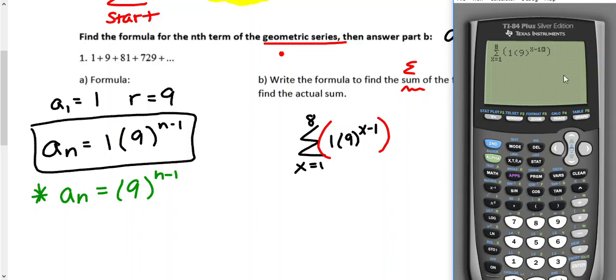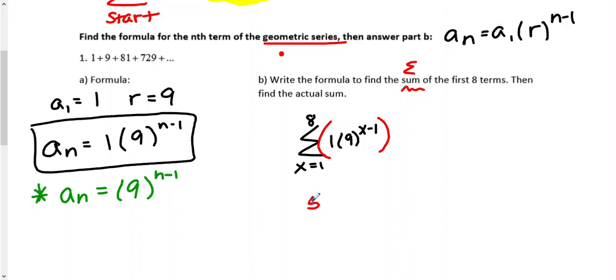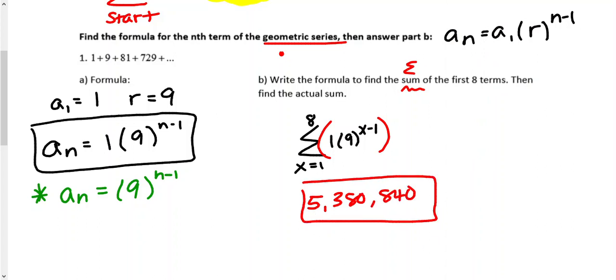So there should be nothing on the outside of your parentheses. We hit enter, and we get 5,380,840. So there's my sum, and this is my formula. You do need both in part B.